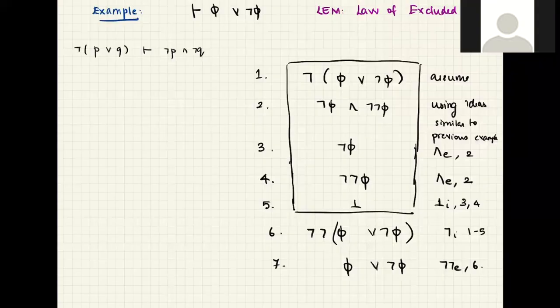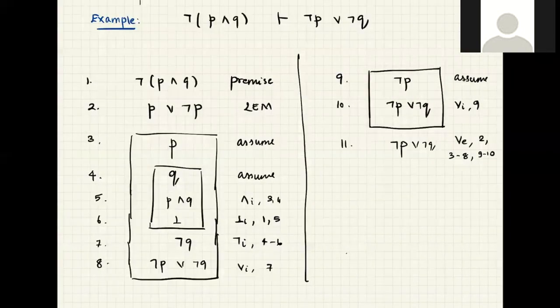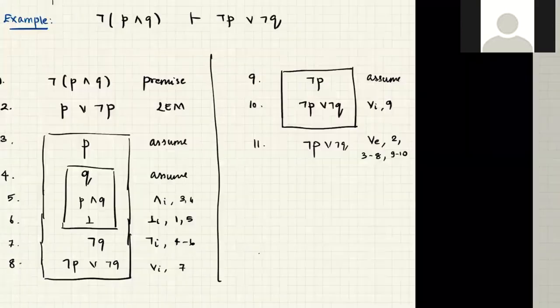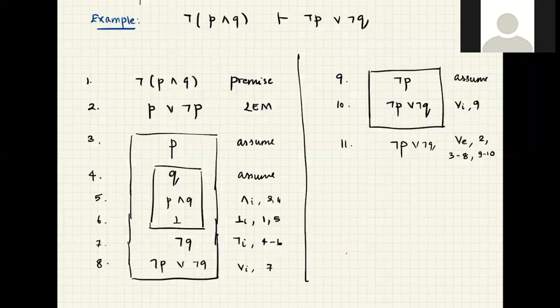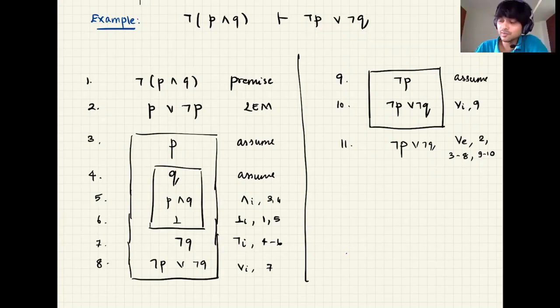Sir, in the last example where we use OR elimination, we are anyway proving not P or not Q here, assuming P and Q. So why are you using OR elimination?